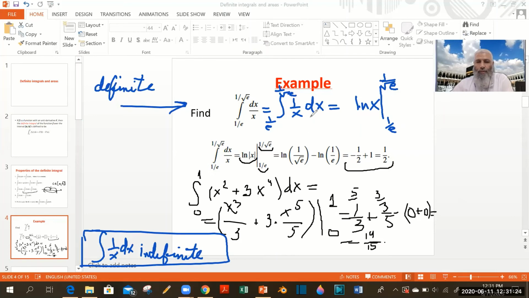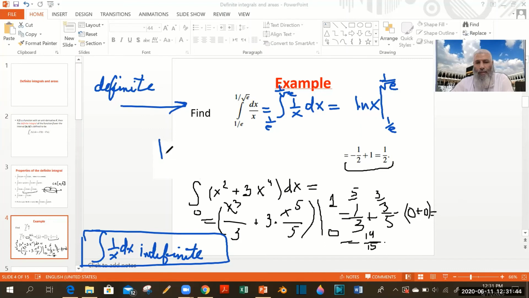If we want to write it ourselves, ln x from 1 over e till 1 over root e.